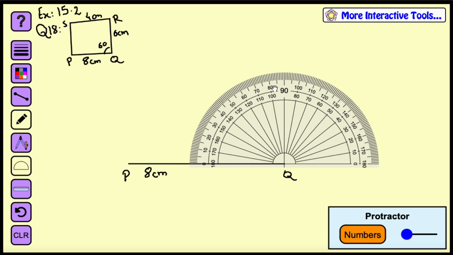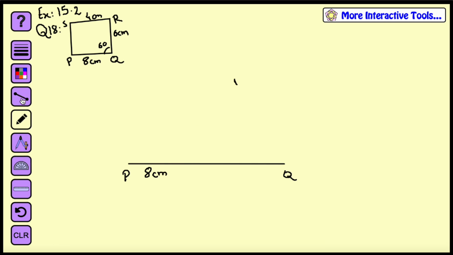We have to take 60 degree. So 60 degree, start from here and draw a line. This one is X.